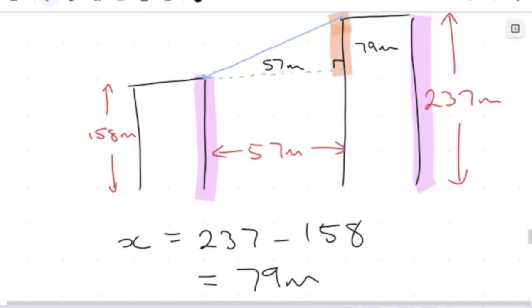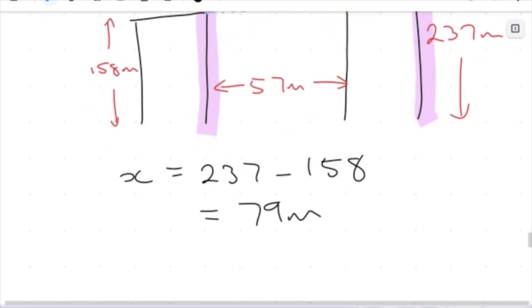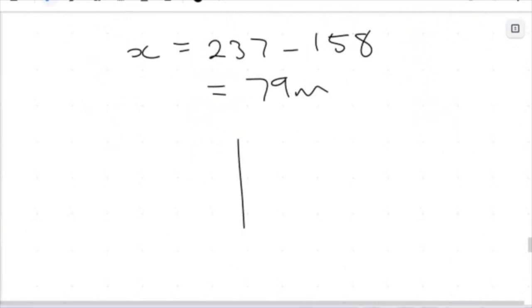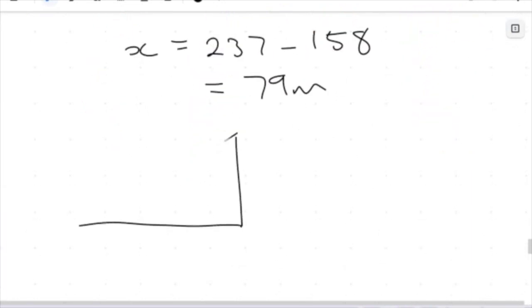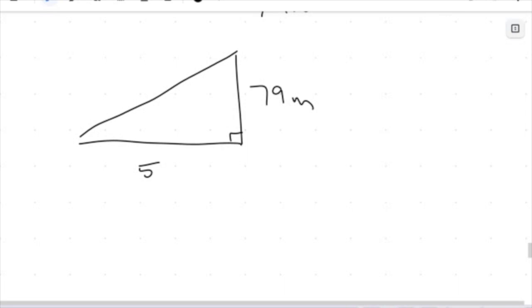Beautiful. Okay, and now I can just take this right angle triangle and let me actually just draw it down the bottom. So now this looks exactly like the questions we've been doing in the past. I have 79 meters and 57 meters. Now I know this isn't to scale. Let's actually write that here, not to scale.